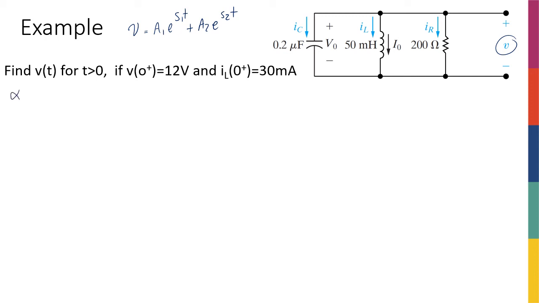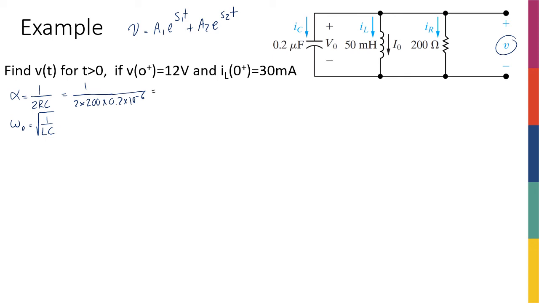So alpha, I know that it's equal to 1 over 2RC, and omega naught is equal to the square root of 1 over LC. Okay, so alpha is going to be equal to 1 over 2 times R being 200 and C being 0.2 microfarad, so 0.2 times 10 to the negative 6.